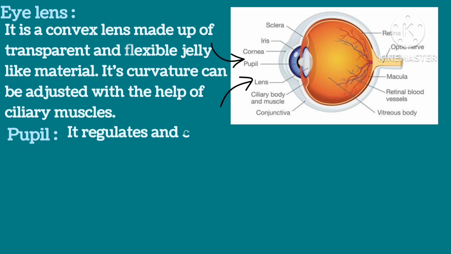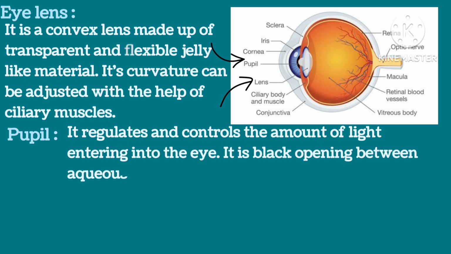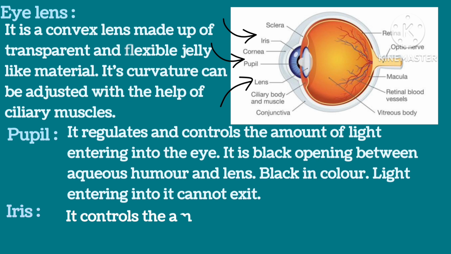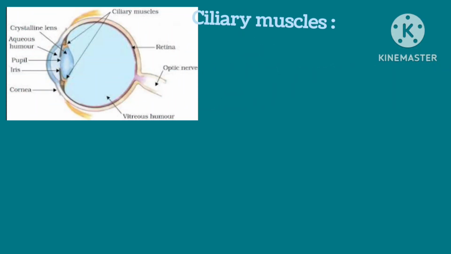Pupil. It regulates and controls the amount of light entering into the eye. It is a black opening between aqueous humor and lens, black in color. Light entering into it cannot exit. Iris. It controls the amount of light entering the eye by changing the size of pupil. Ciliary muscles.